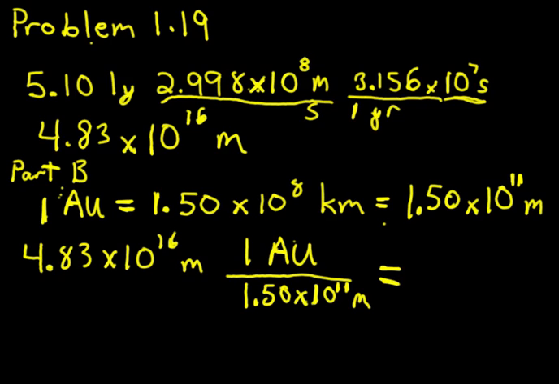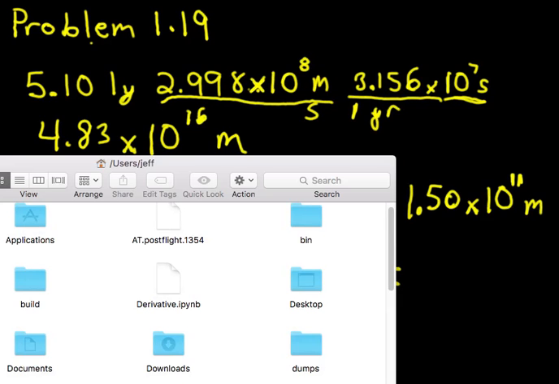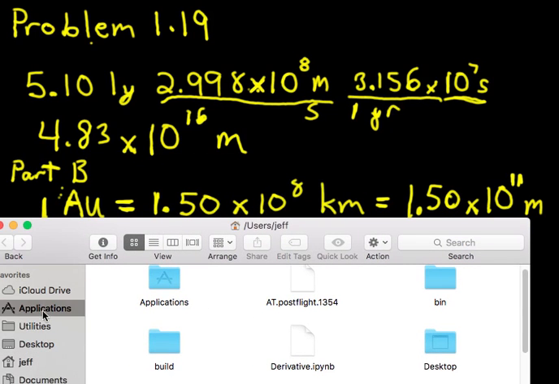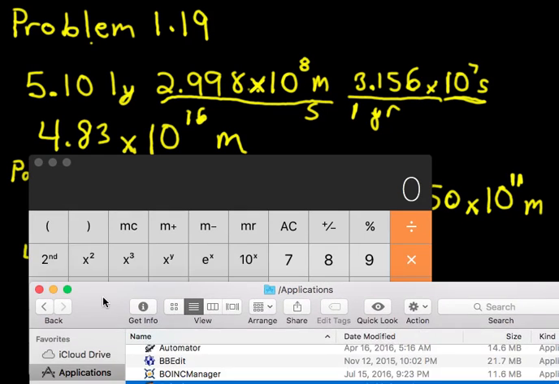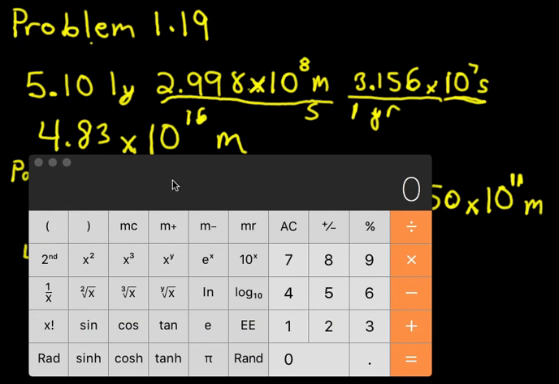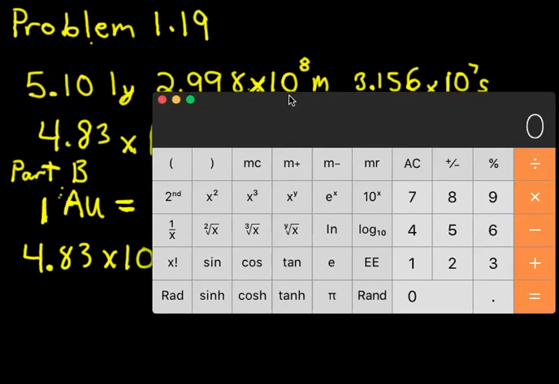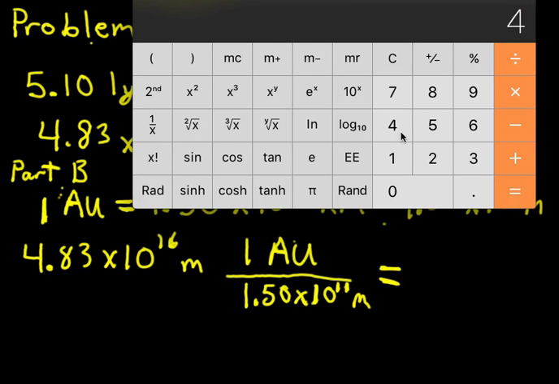So let's get my calculator out again. Applications, there's the calculator. So I want 4.83 EE gives me 10 to the 16th, divided by 1.5 EE 10 to the 11th, and I have 322,000.